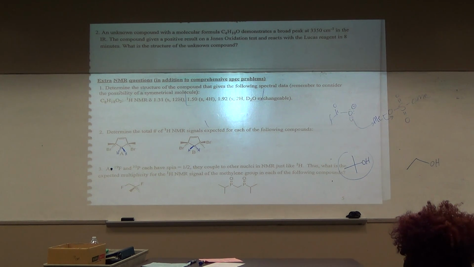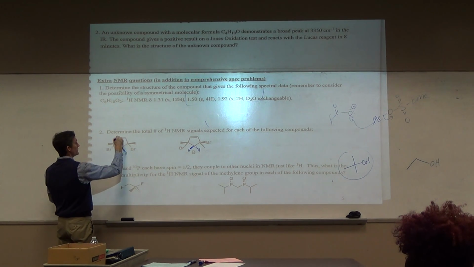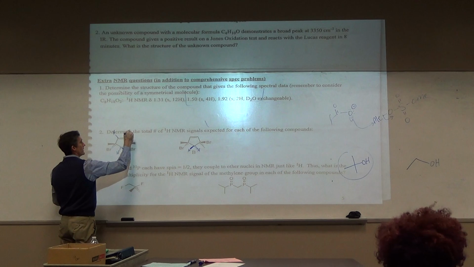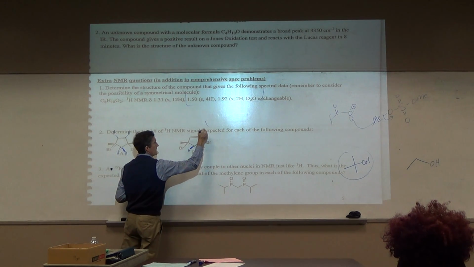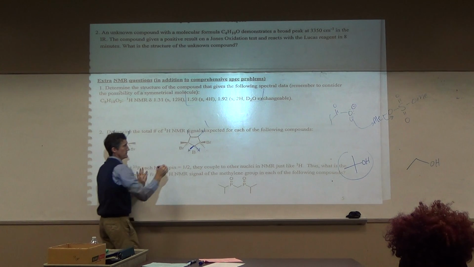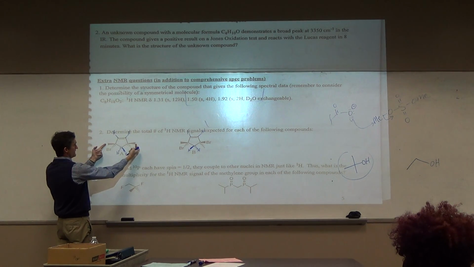And so the drawn in H's for B are the same, that's one signal. But over here they're different. Number of signals, these two H's are the same in both, because that's planar carbons, okay? Those are the same. And the two methyls are the same.